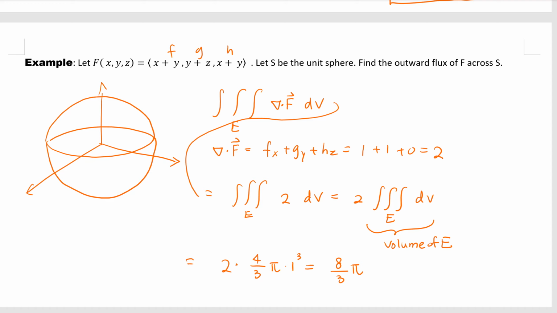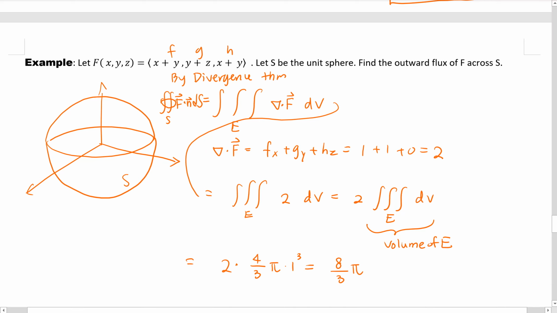This is the triple integral, and by the divergence theorem, our flux integral on the surface S equals the triple integral on the solid E. Nice. So far so good, everybody.